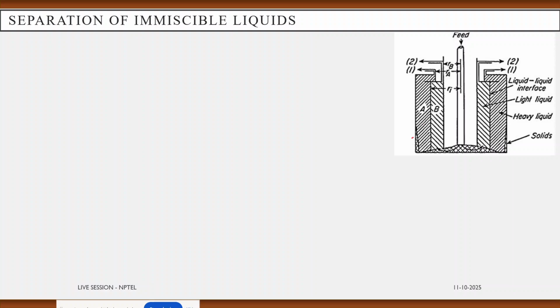So here in this picture you can see the phase one feed is introduced. Liquid A is heavier and liquid B is lighter. The free liquid surface of liquid B is Rb, the free liquid surface of liquid A is Ra, and the interface is Ri from the axis of rotation.